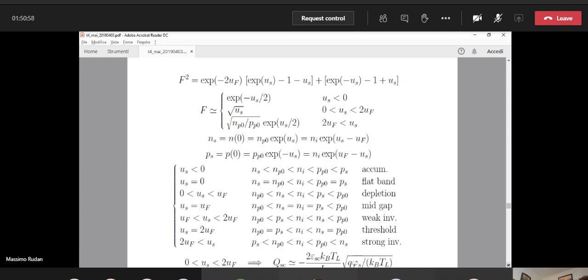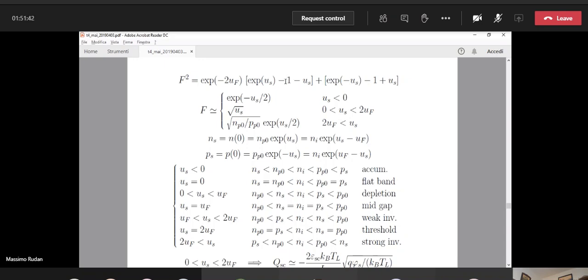So a first limiting case that is easily discussed is the case in which US is negative and relatively large in modulus, okay? If US is a large negative number, the dominant piece in this expression of f squared is the exponential of minus US. Because US is a large negative number, the exponential of US will vanish.